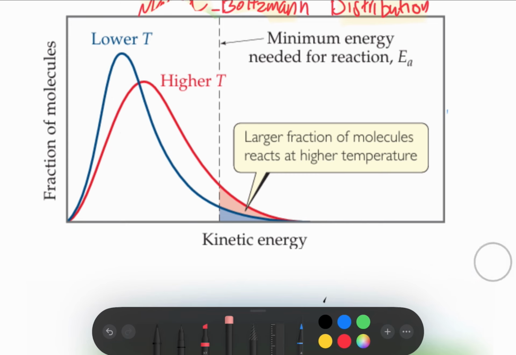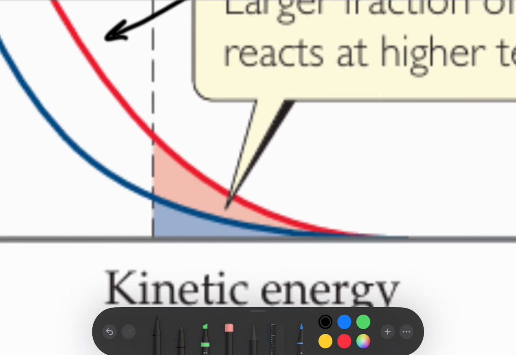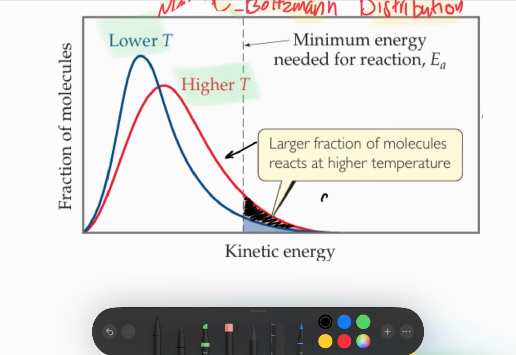As we mentioned before, we have two temperatures as we have two curves. The red curve represents a greater shaded area than the blue one. At higher temperature, the fraction of particles, the number of reacting particles with energy greater than the activation energy, will increase.